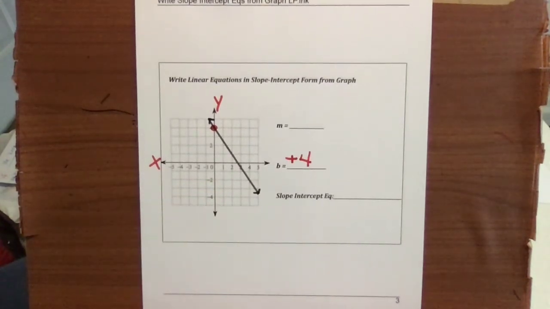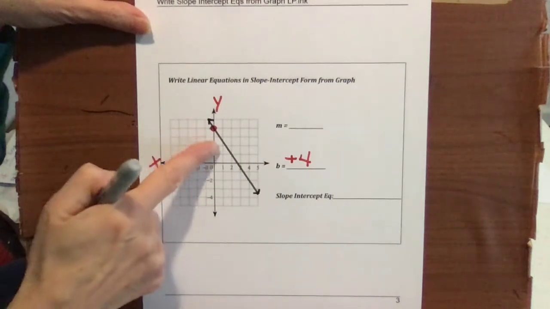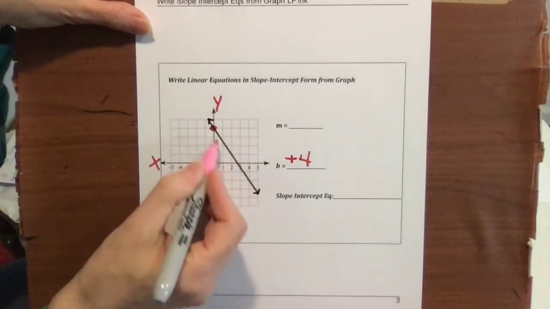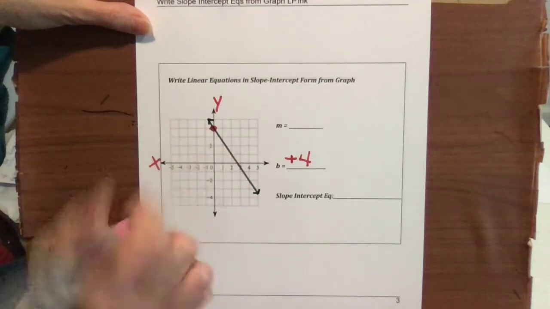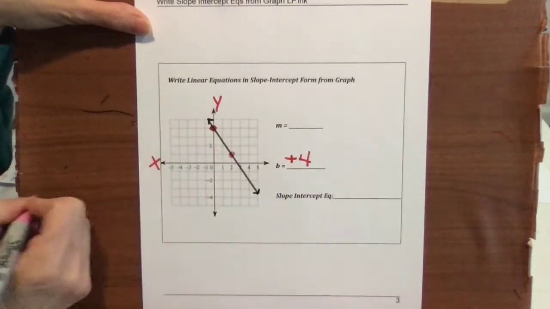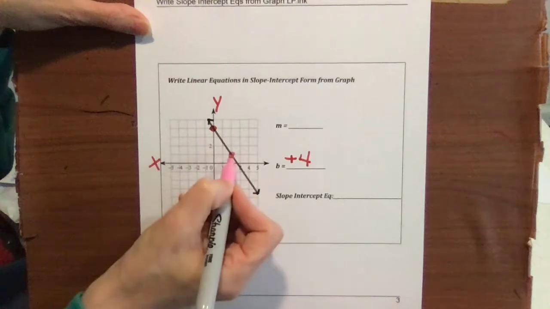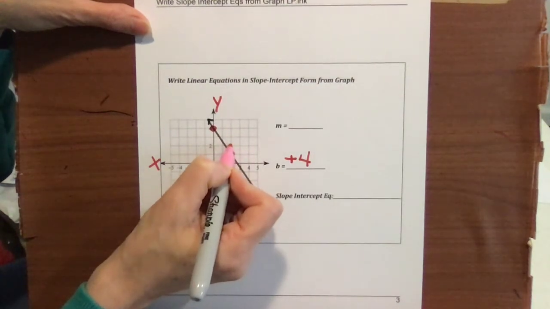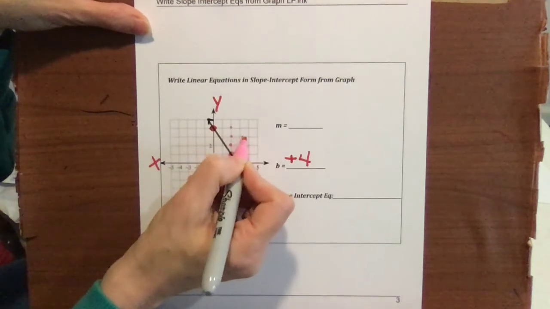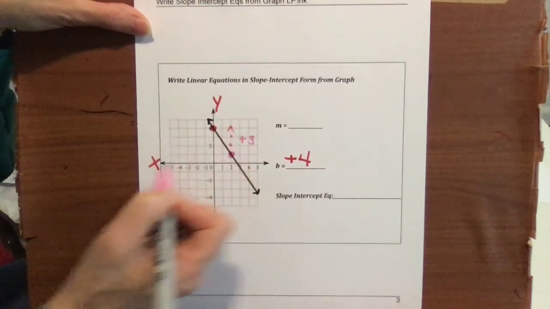All right, now what we have to do is find our slope. Now, what we want to do is identify another point that crosses a grid, these little grid lines. None of these cross a grid line until we get right here. So I'm going to walk from my pink point all the way up to my red point. I'm going to go up 1, 2, 3, positive direction because we went upwards.